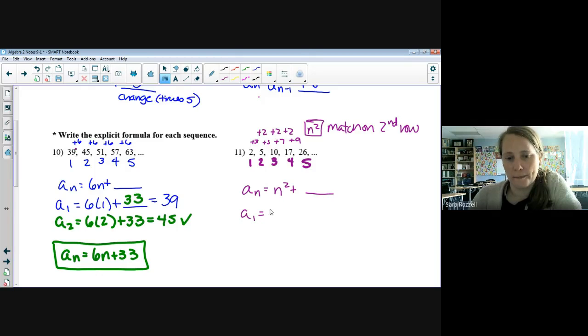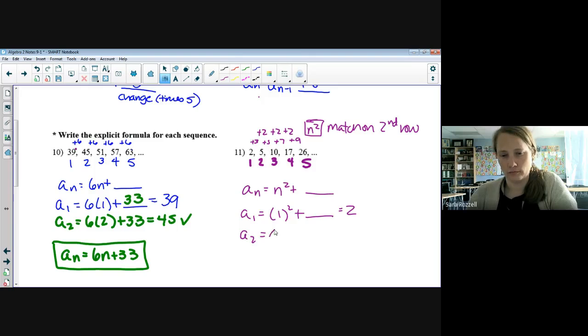So I'm going to try 1. 1 squared plus something is going to give me 2. 2 squared plus something is going to give me 5.